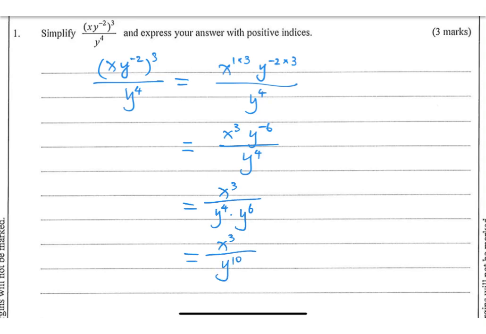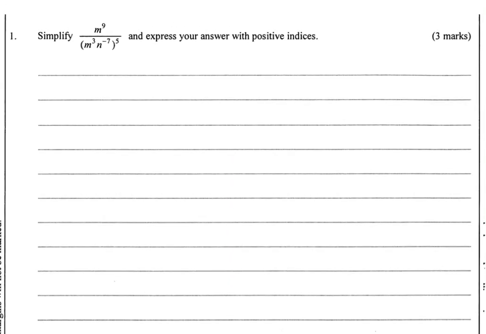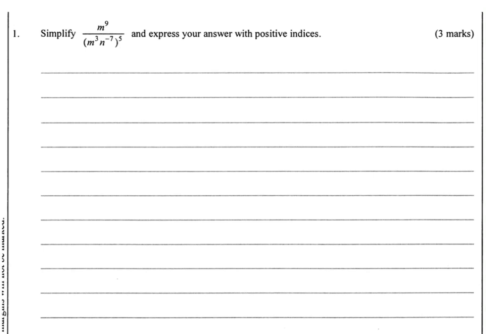Okay, let's see the next question. For this one, we can see we also have a bracket in the denominator, so copy down the question first and then remove the bracket first. Okay, so remove the bracket, m to the power 3, to the power 5, 3 times 5, n to the power negative 7 times 5.